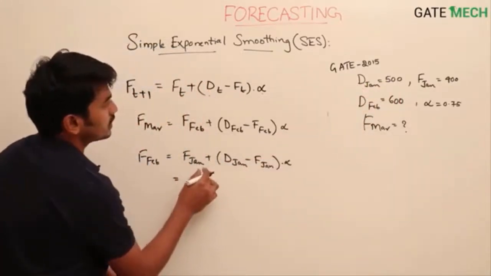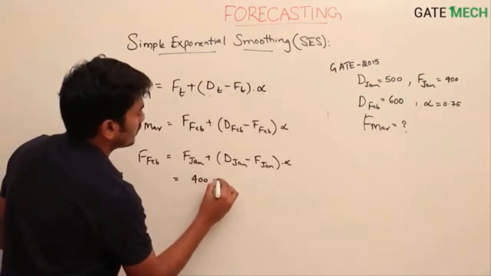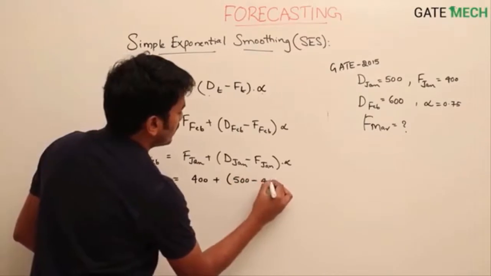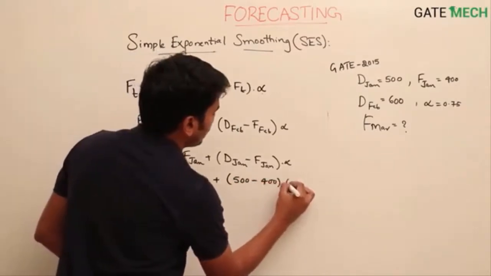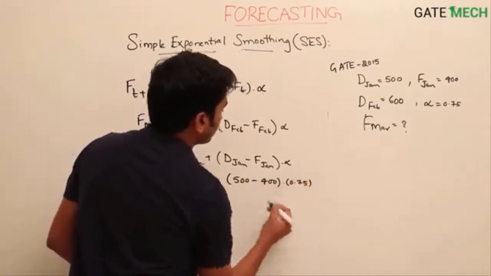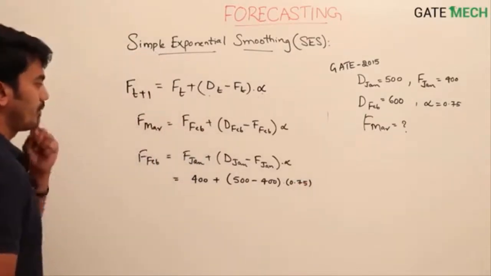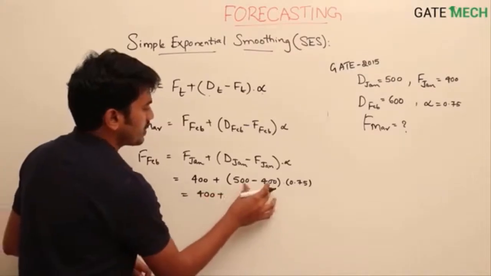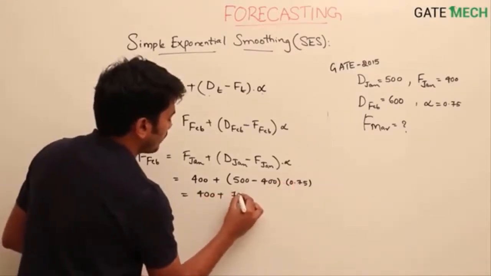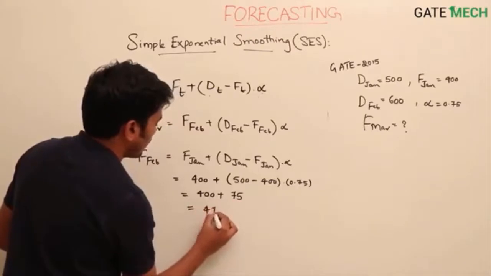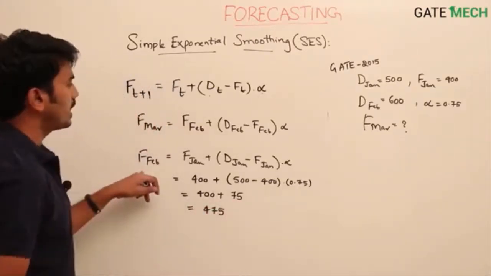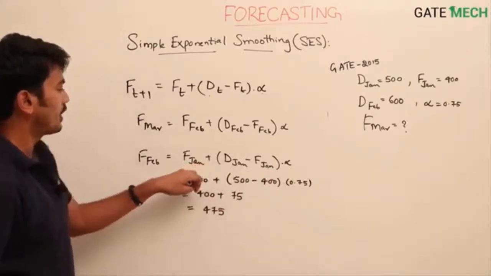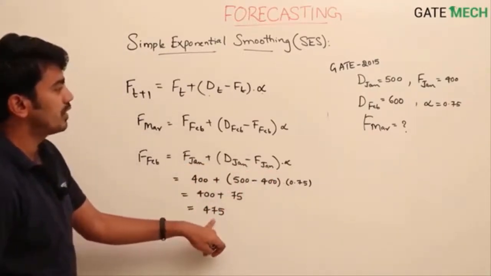So if we calculate this, 400 plus 500 minus 400 into 0.75. Okay, so this comes to 400 plus the difference is 100 into 0.75, that will be 75, and 475. So forecast for February is calculated using the demand of January and forecast of January, and it comes to 475.